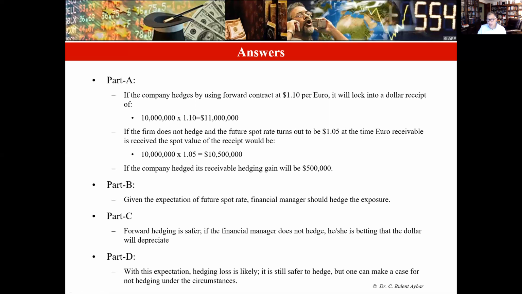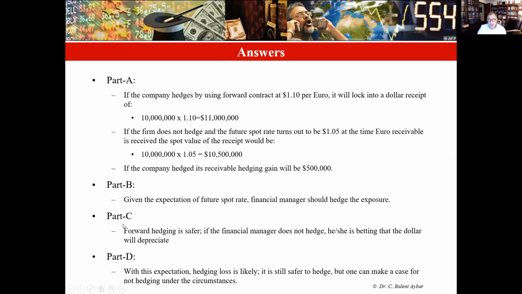So there's a good chance that the exchange rate might end up in the lower end, where the dollar might appreciate against the euro, and you might actually clear much less US dollars at the time that you receive your euros. So it is a risky bet not to hedge this 10 million euro receivable.